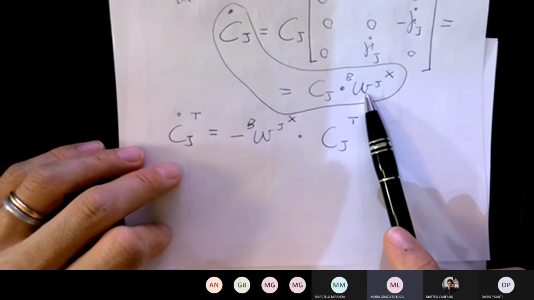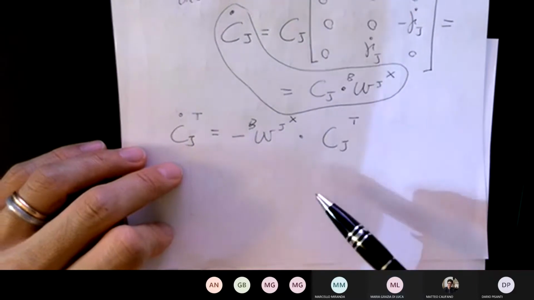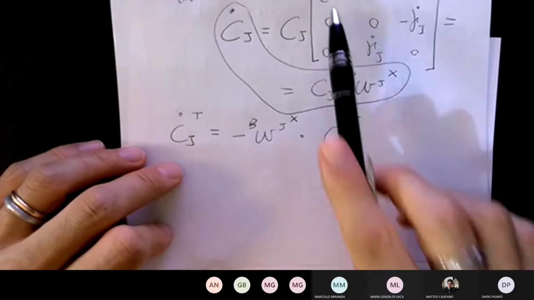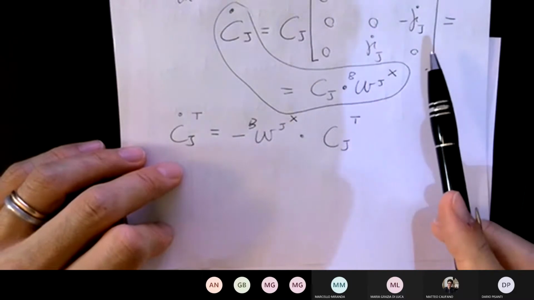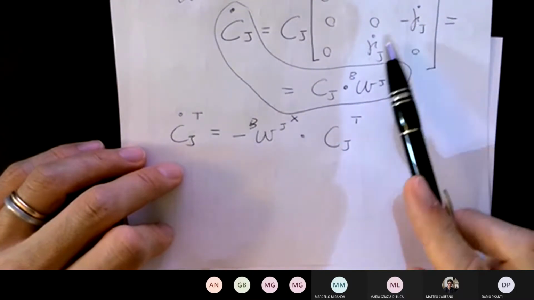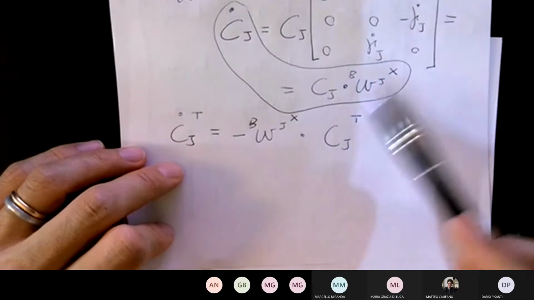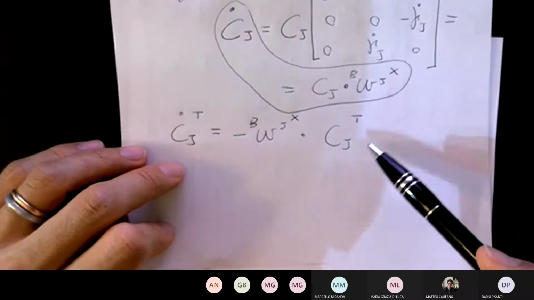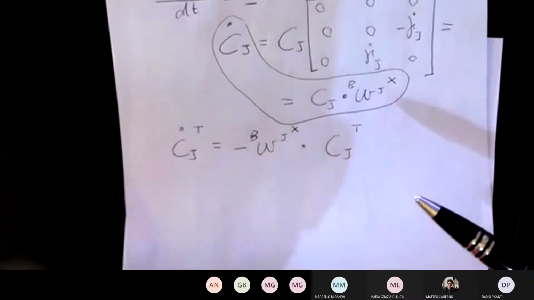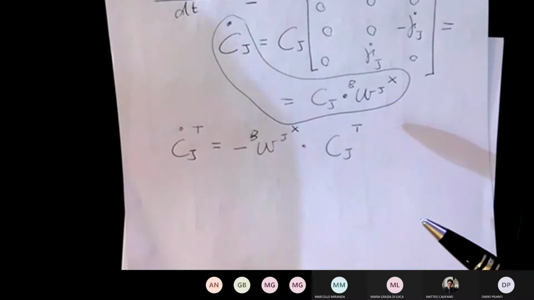Agree? Yes, right. So that's why I have the minus. Just look at this matrix. If you transpose it, you're going to end up with the minus here and the plus here. So transposing it is equivalent to changing the sign of the whole matrix. And that's true for any skew-symmetric matrix.